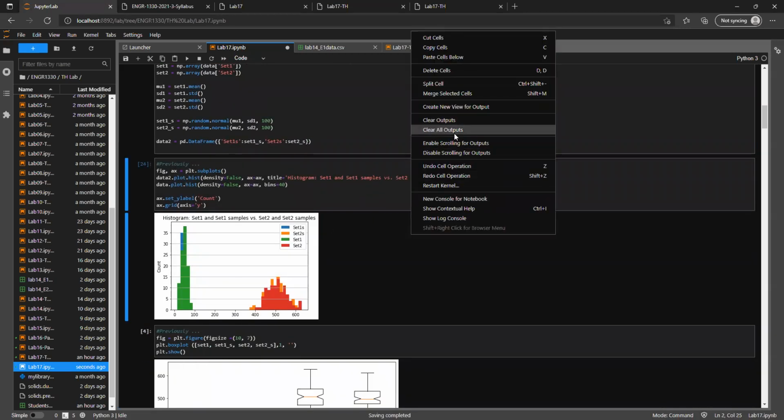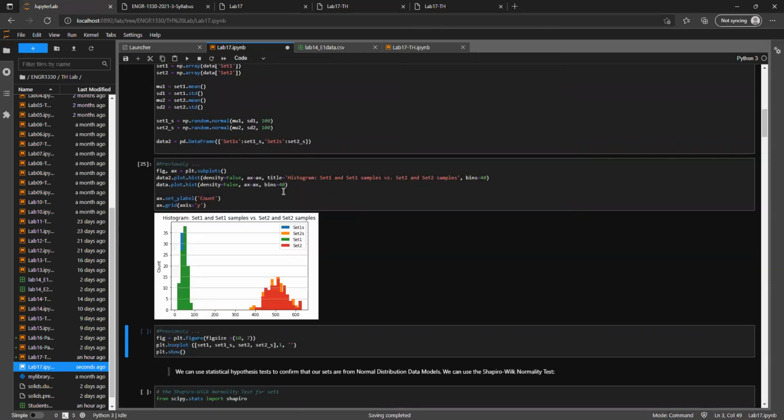I'm going to clear my outputs, actually. Okay. So what we have in green here, this is the data from set 1.